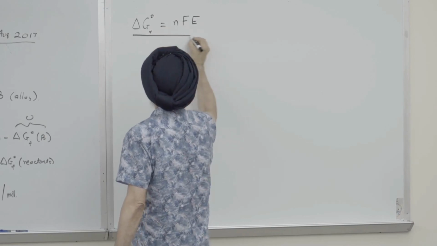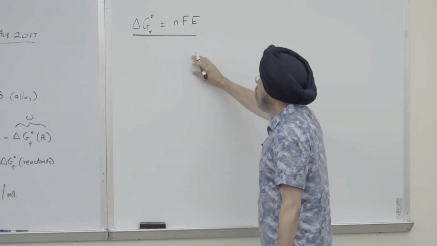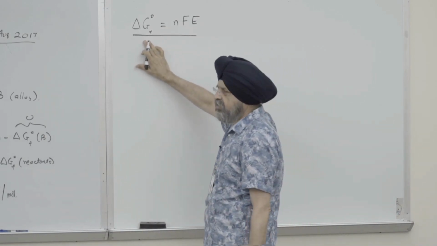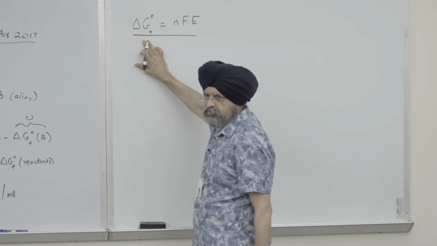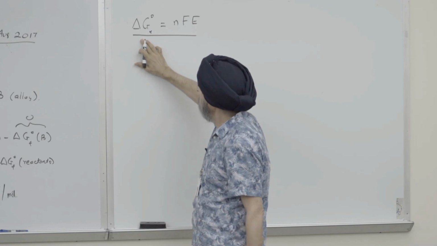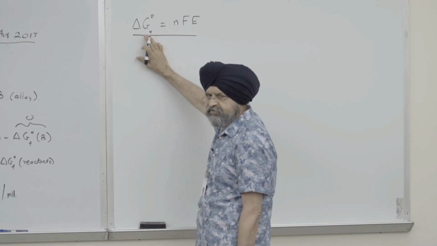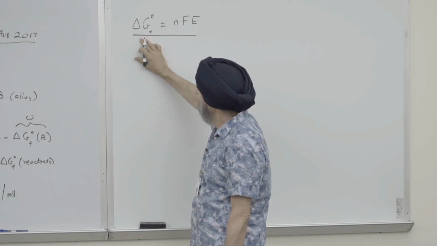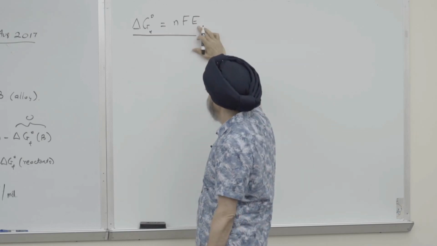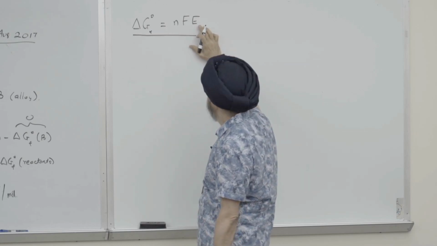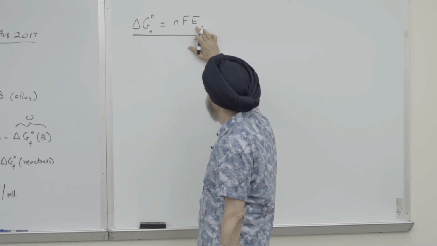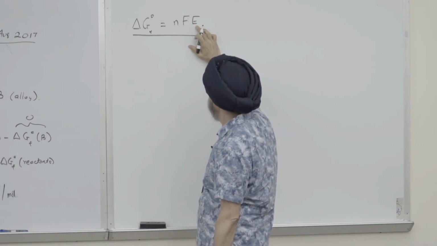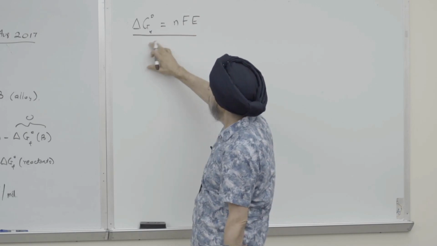This is what I want to derive. The Gibbs free energy we just discussed is a chemical driving force, so we can find it using chemistry means. But we're interested in the open circuit potential, E of this electrochemical cell. And it's given by this equation.